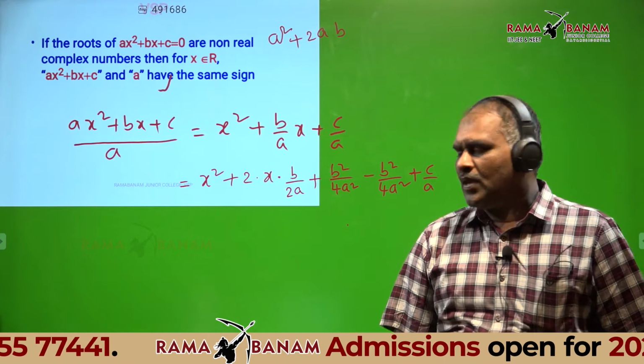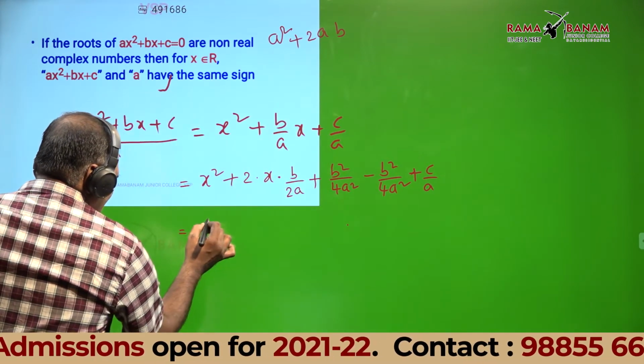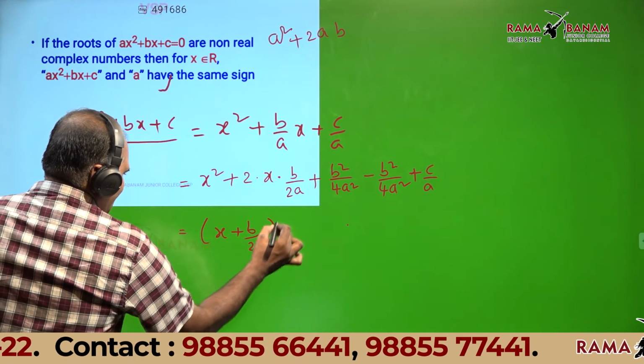No, sir. Therefore, the first 3 terms, listen. What are those first 3 terms? x plus b by 2a whole square.